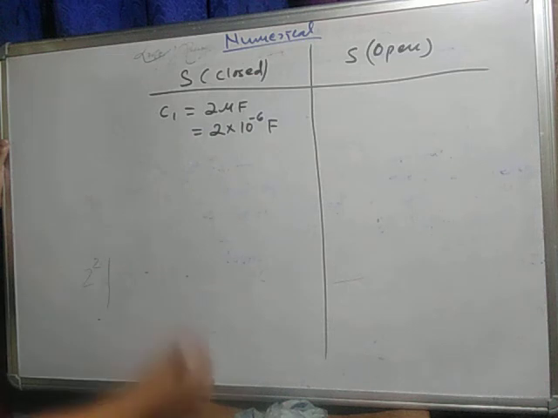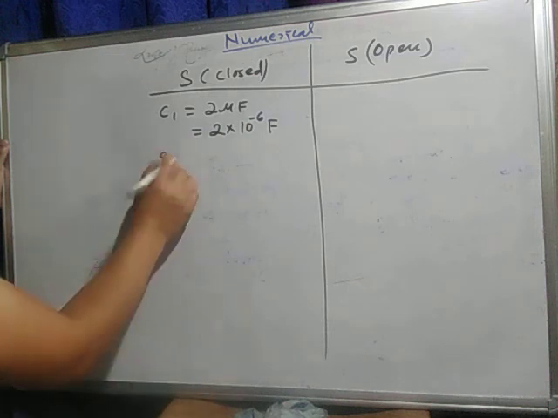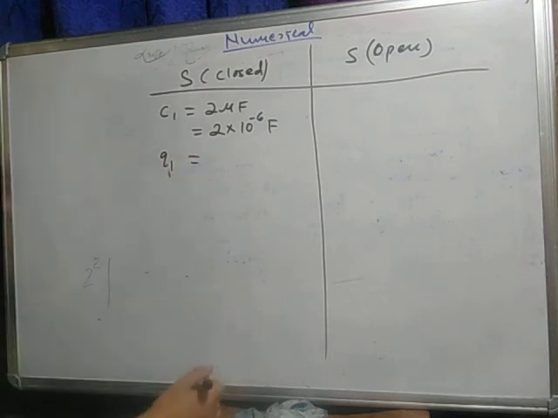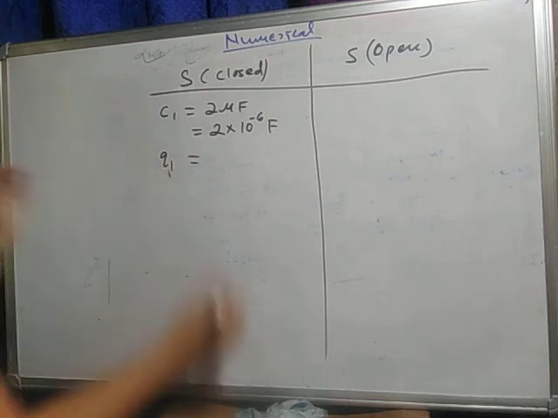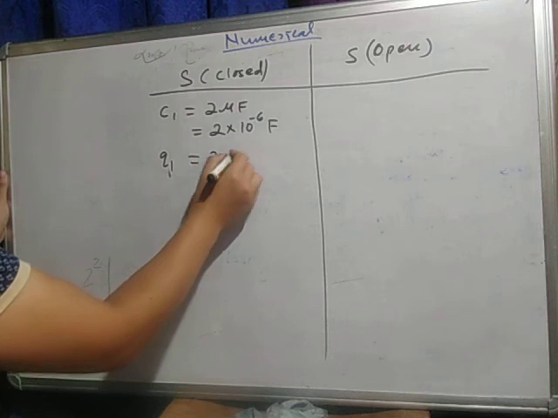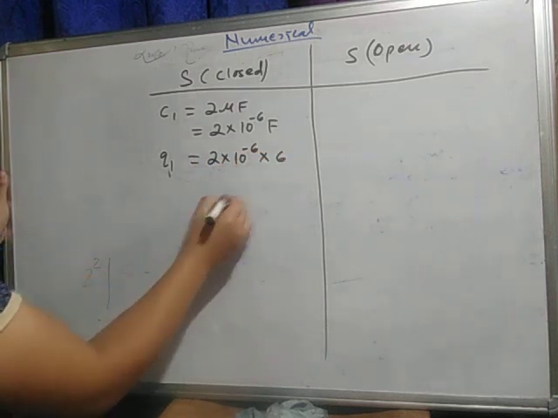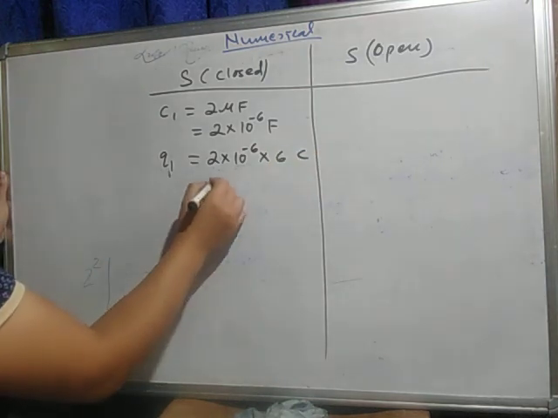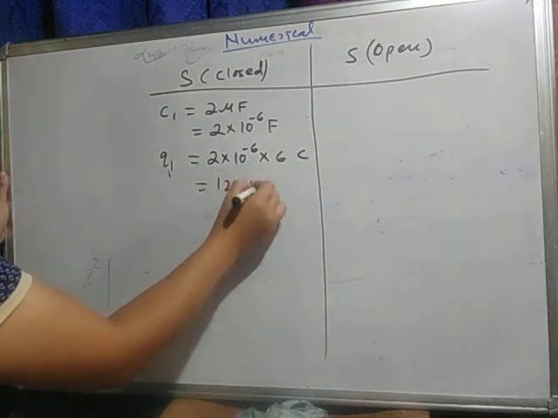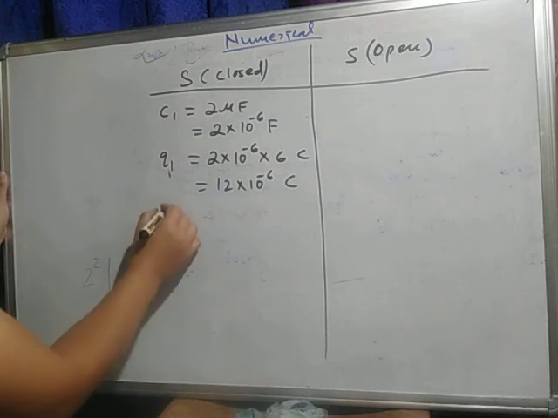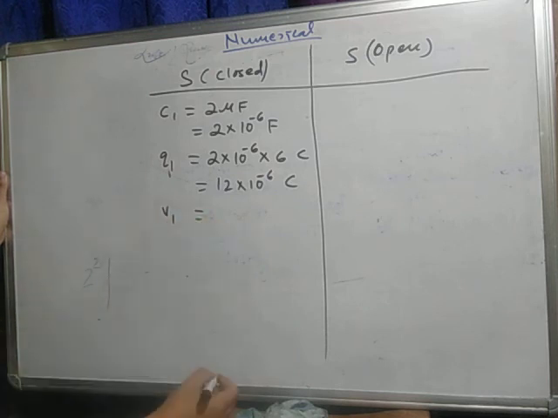Now Q1, Q equals to CV, so 2 into 10 to the power minus 6 into 6 coulomb, so 12 into 10 to the power minus 6 coulomb. Now V1 equals to how much? 6 volt, isn't it?